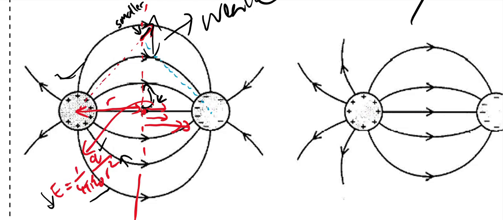Do you expect this one to be bigger or smaller than this one, which is also caused by the negative charge? Again, same thing, this one should be smaller, because same formula. The radius here is bigger. This R is bigger than this R. So you should expect the field here is weaker.